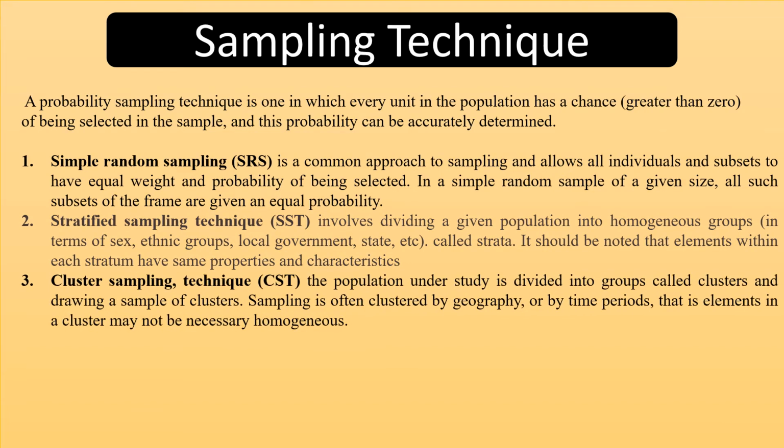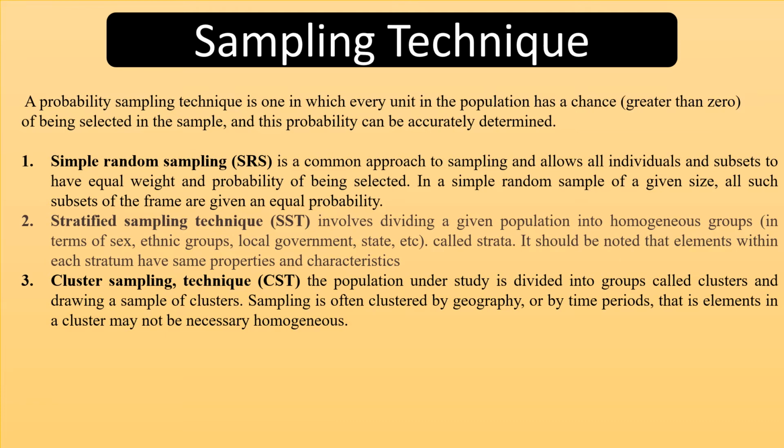We have the cluster sampling technique. The cluster sampling technique is dividing the study population into groups. In this case, we are going to divide them into clusters and drawing a sample of clusters.